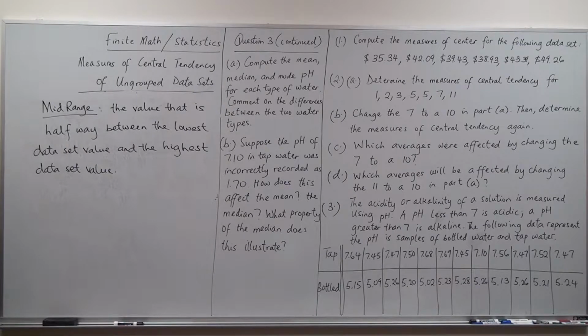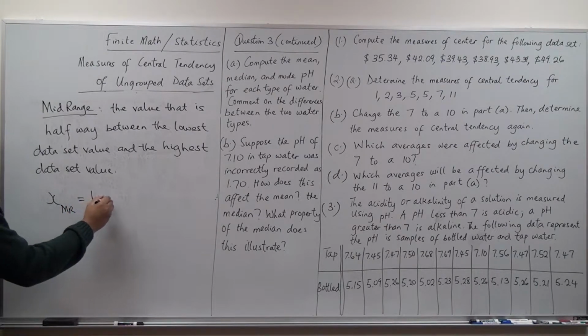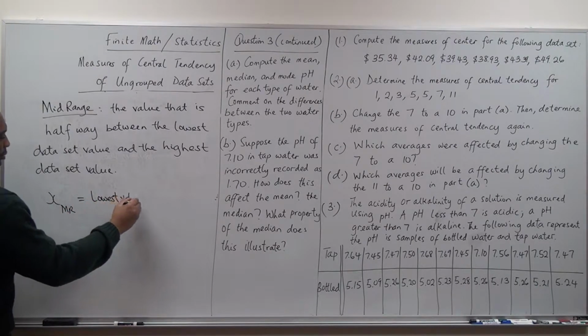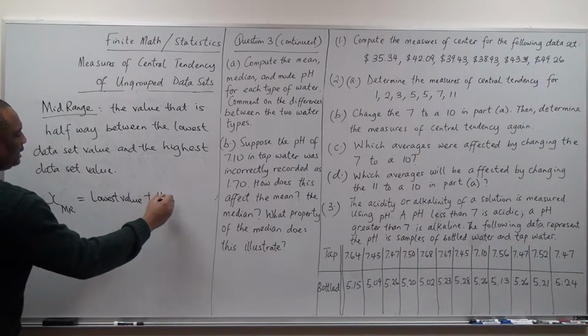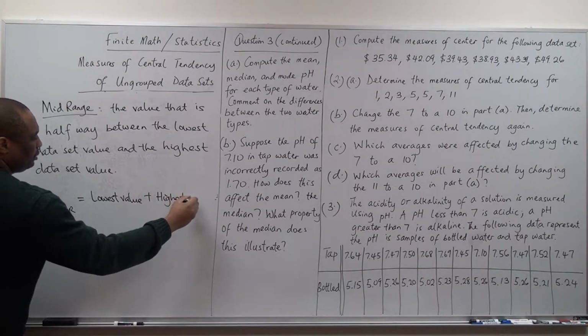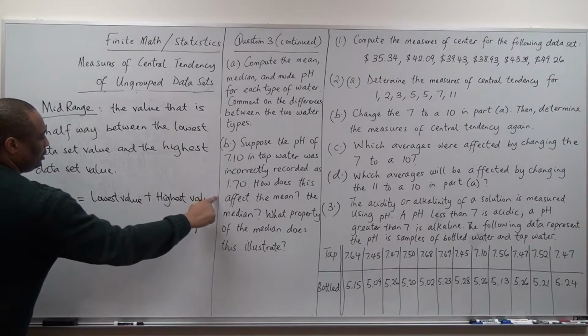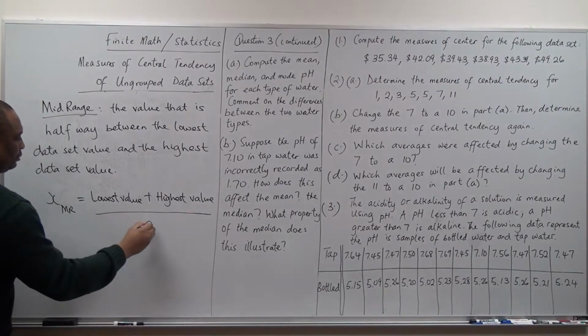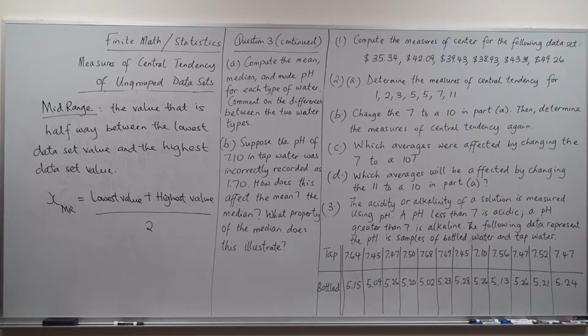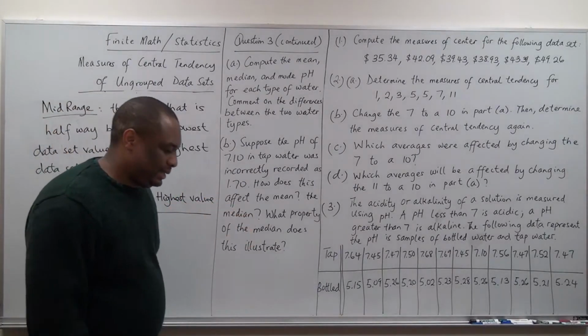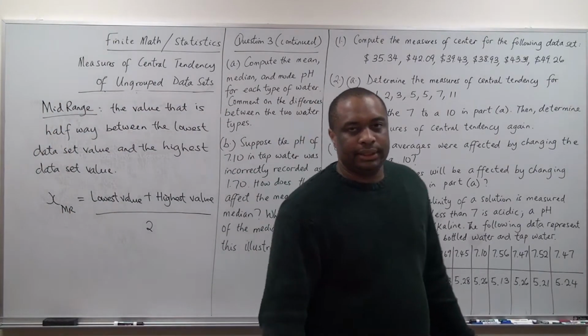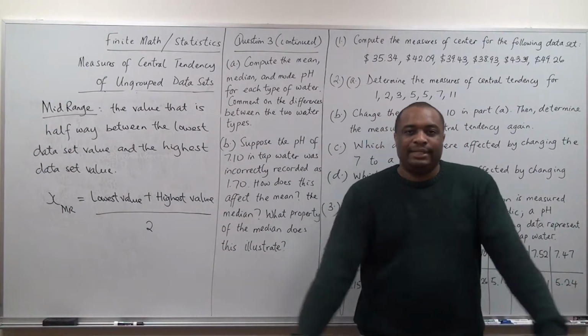And then we see that the mid-range X MR is equal to lowest value plus highest value divided by 2. It's like the mean of the lowest and the highest value. That's mid-range.